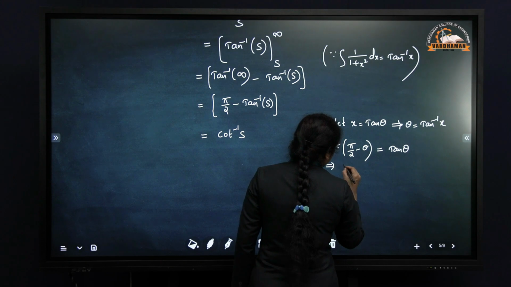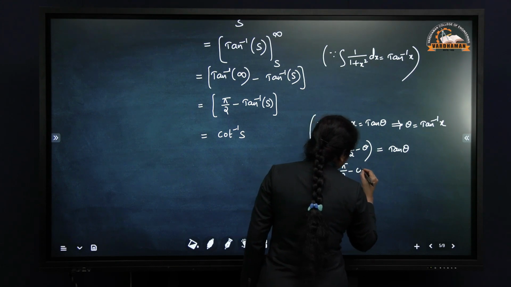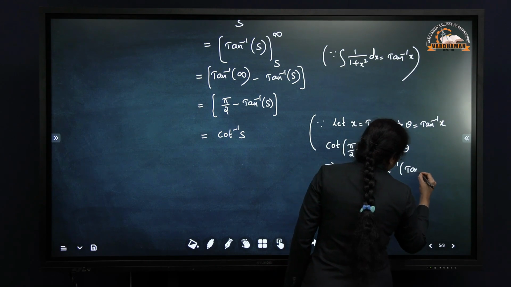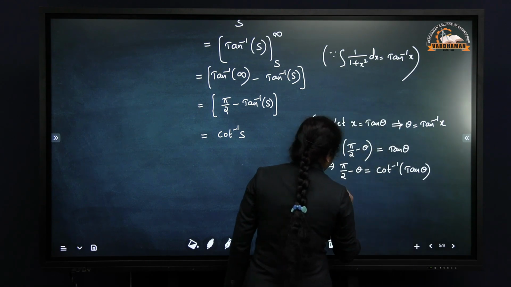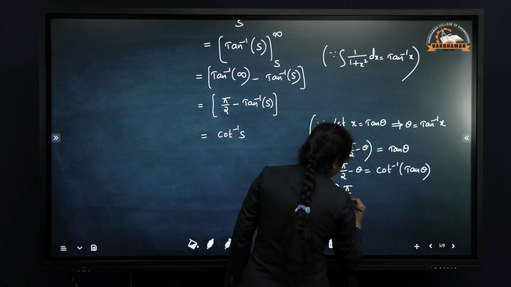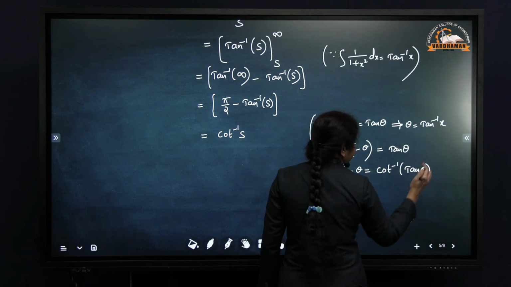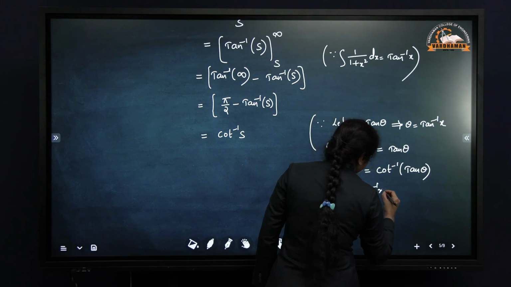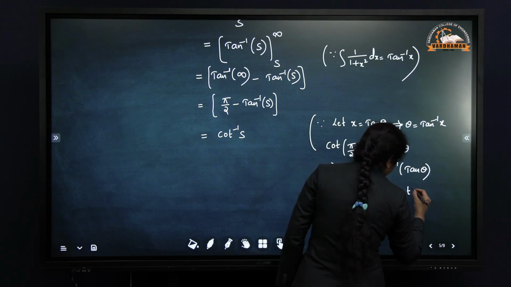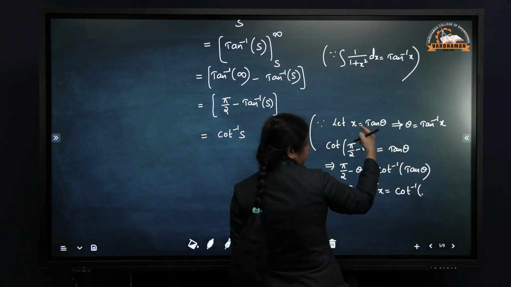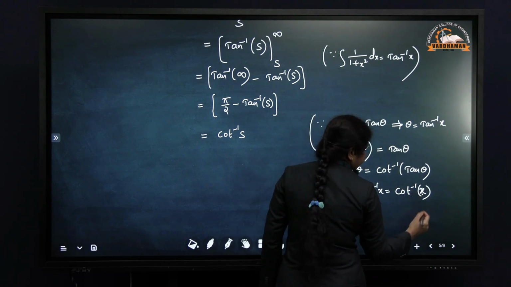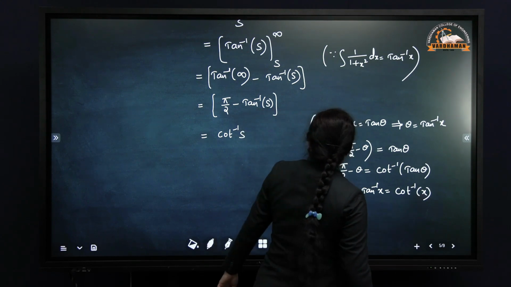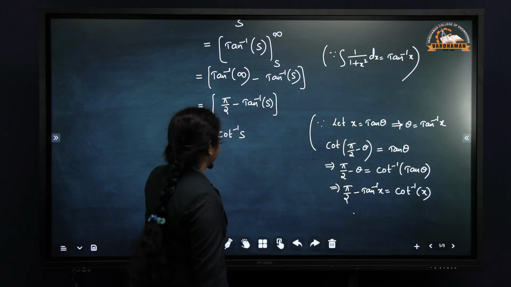From this, pi by 2 minus theta is cot inverse of tan theta. So pi by 2 minus, replacing theta with tan inverse x, pi by 2 minus tan inverse x equals cot inverse of tan theta, which is nothing but x. Therefore, pi by 2 minus tan inverse x is equal to cot inverse x.